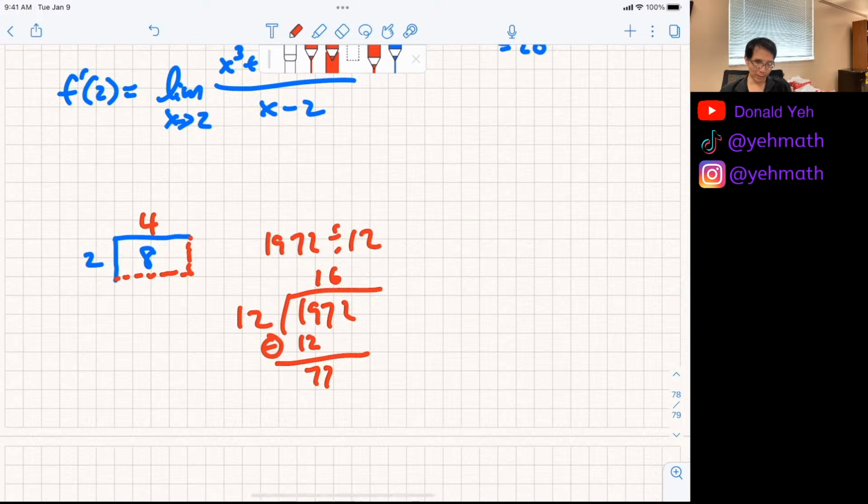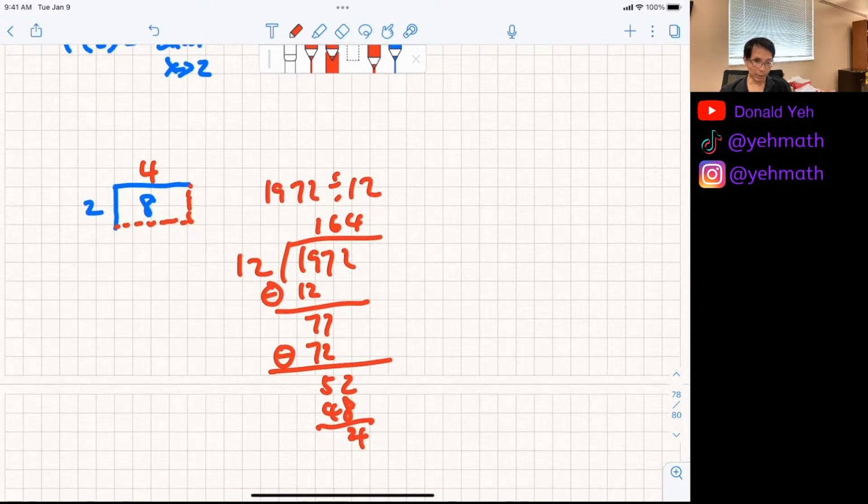Subtract: 77 minus 72 is 5, then bring down the 2 to get 52, then 4 to get to 48, and the remainder is 4. The correct way to write this, not 164R4, is 164 plus 4 over 12.